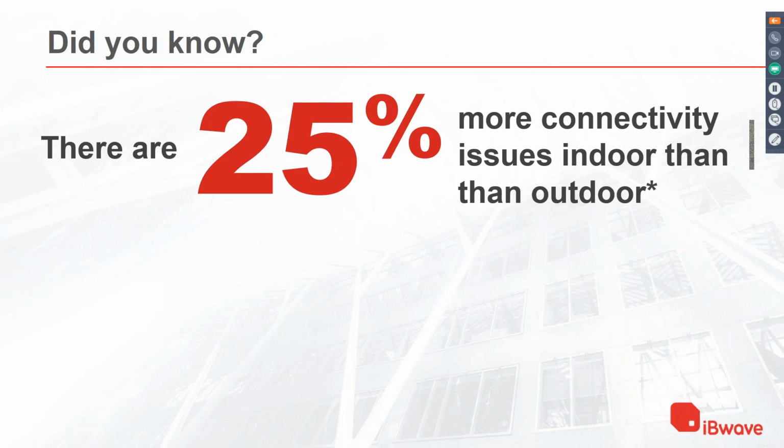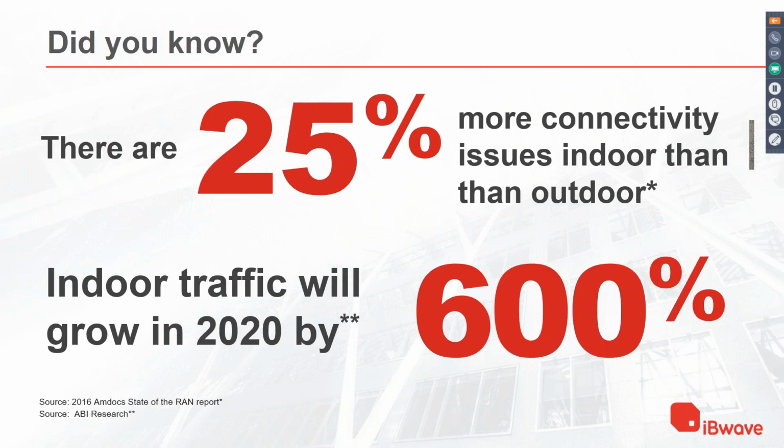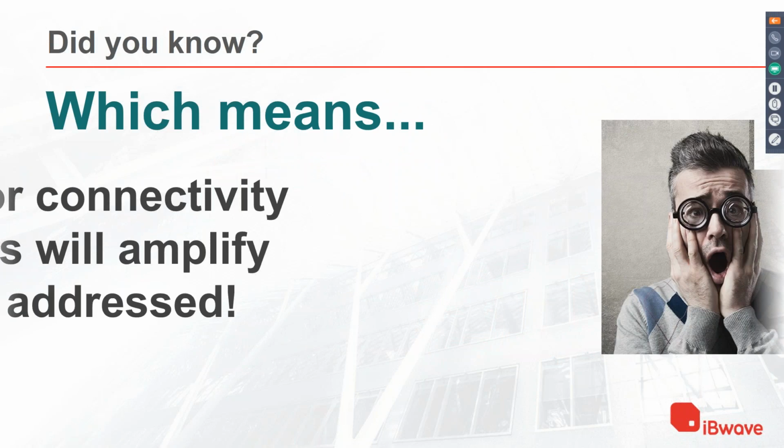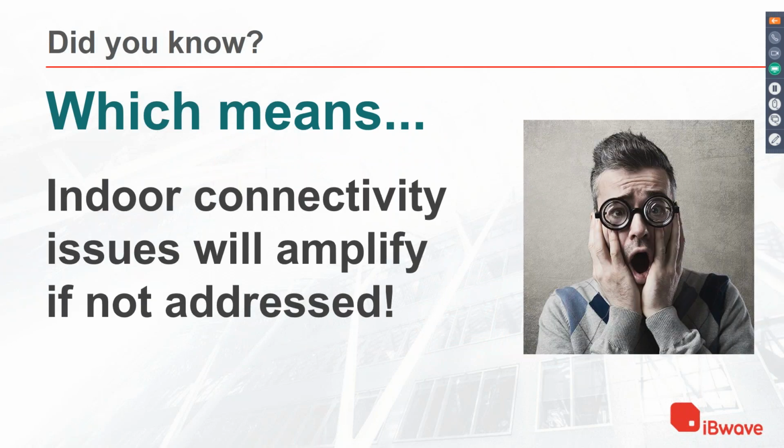That's maybe not too surprising for many of you. And the other one is that indoor traffic is set to grow in 2020 by some 600%. That's quite significant. And what that means, if you put those 2 things together, is that indoor connectivity issues will significantly be amplified if they're not appropriately addressed right now.